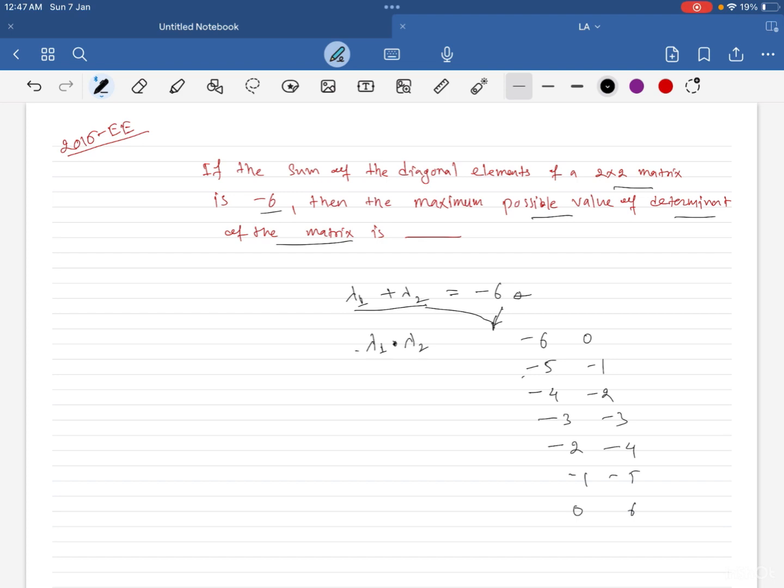And we have to take the maximum possible value of the determinant, so this product should be maximum.